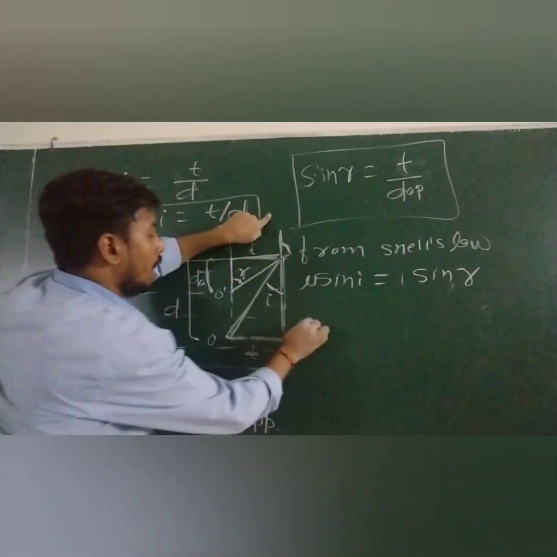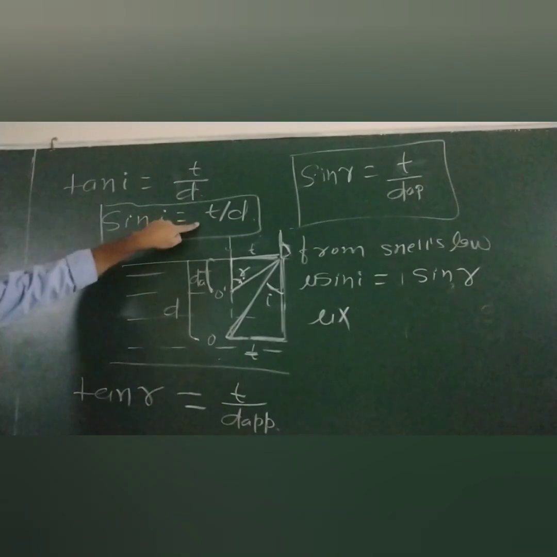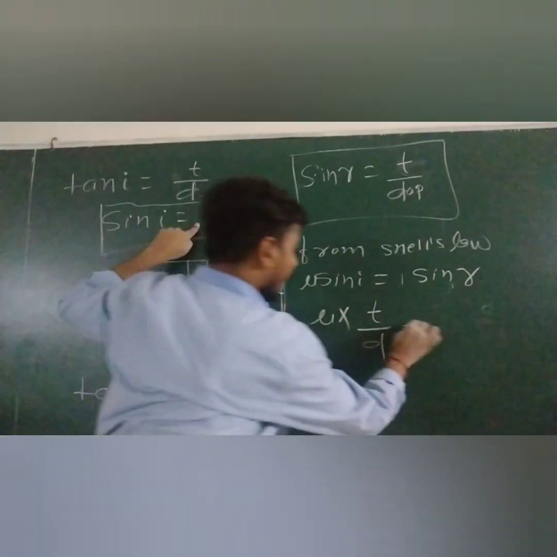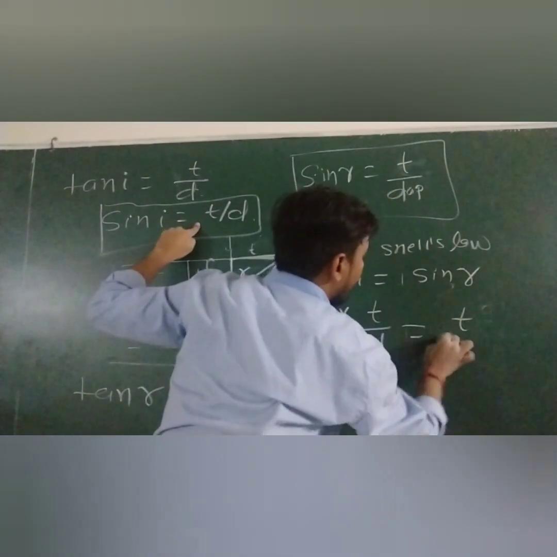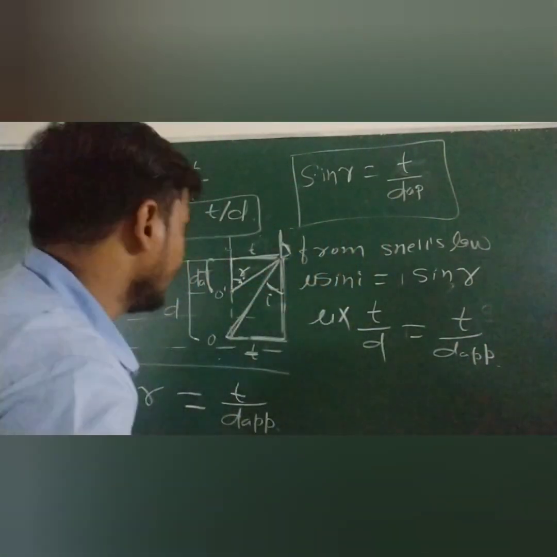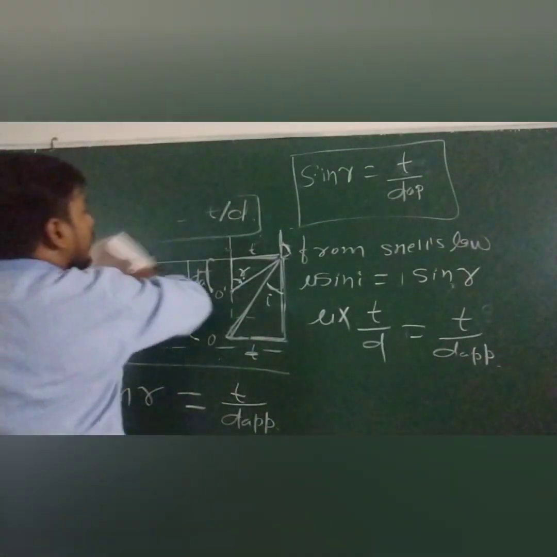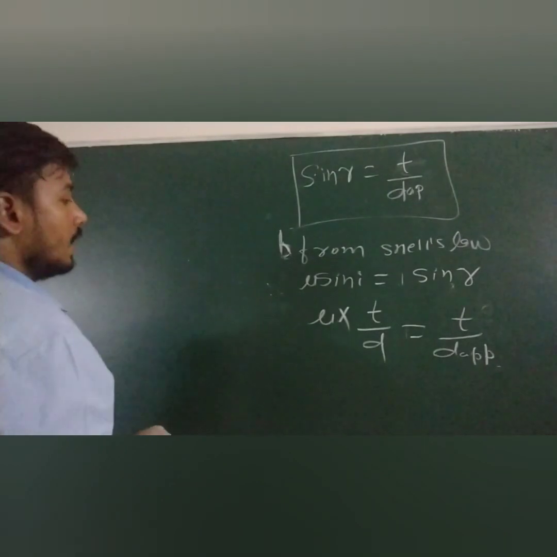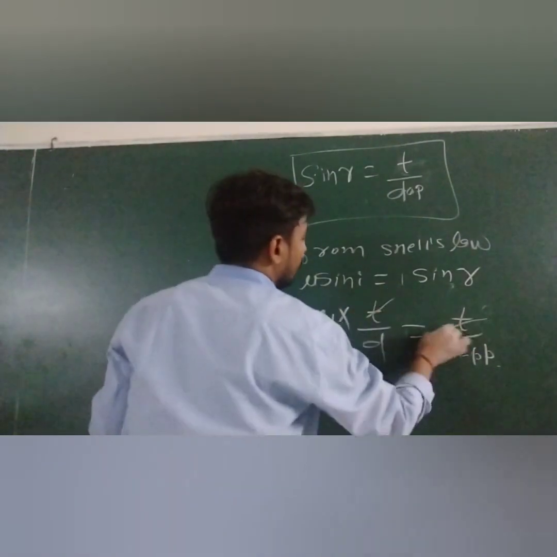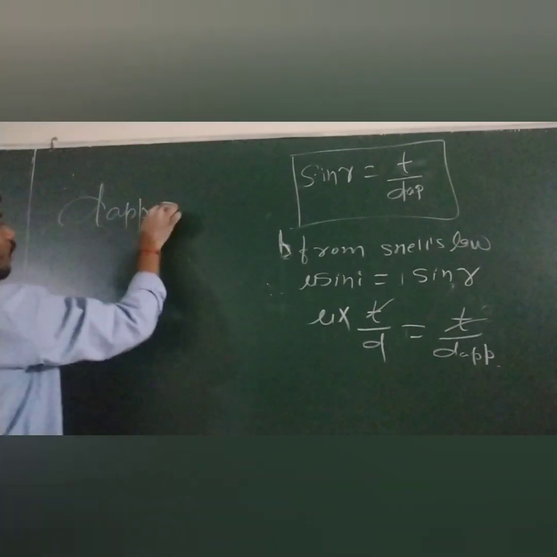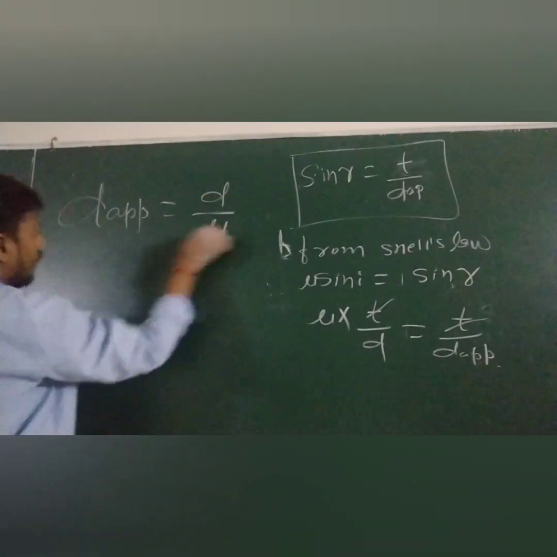Now apply the formula: sin i is t by d, equal to sin r, t by d apparent. So from here we get the result: d apparent is equal to d by mu.